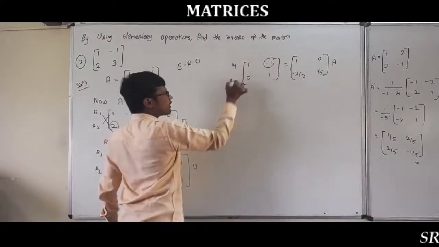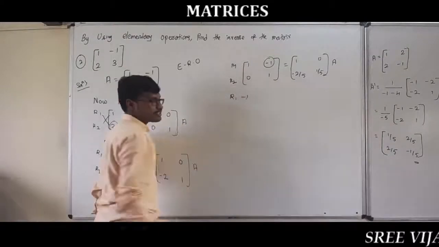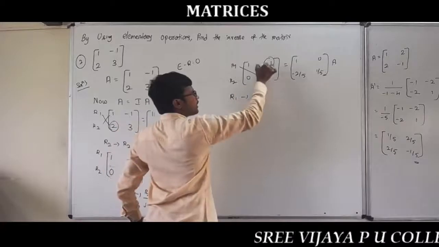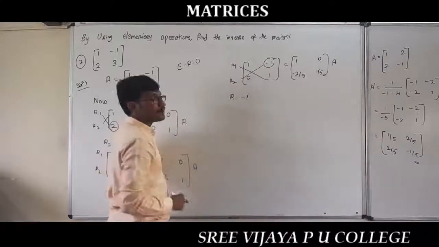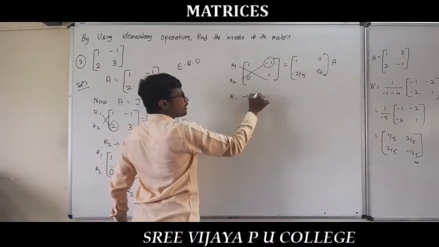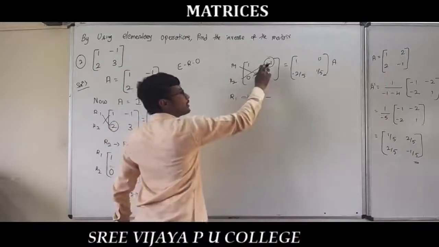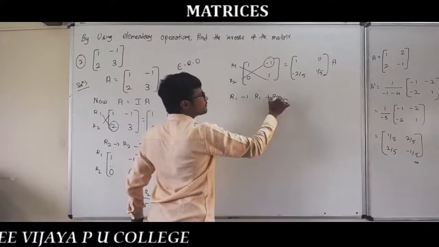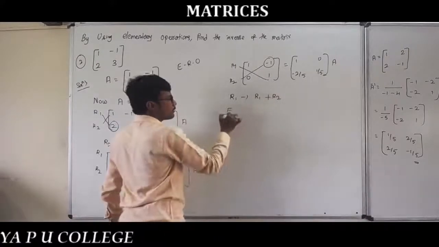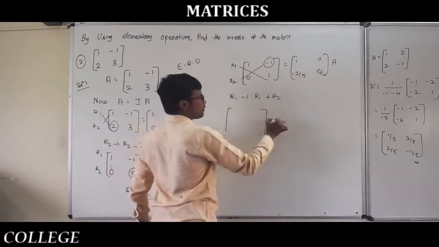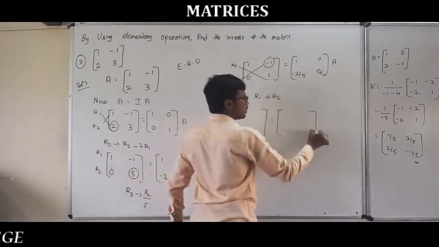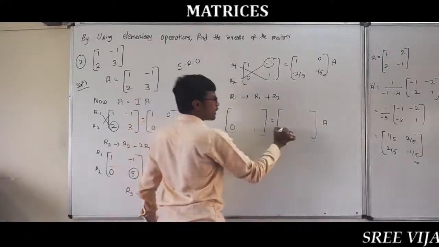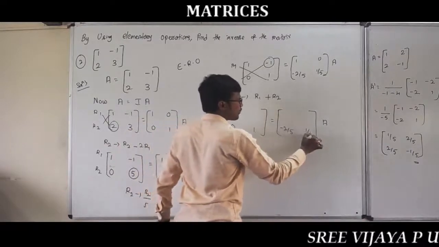Between R1 and R2, which will change? R1 will change, because the minus is in R1. So just multiply: first 1 into R1, that is R1, then minus minus 1 into R2, and minus into minus becomes plus R2. So R1 will change and R2 stays as it is: 0, 1, minus 2 by 5, 1 by 5.